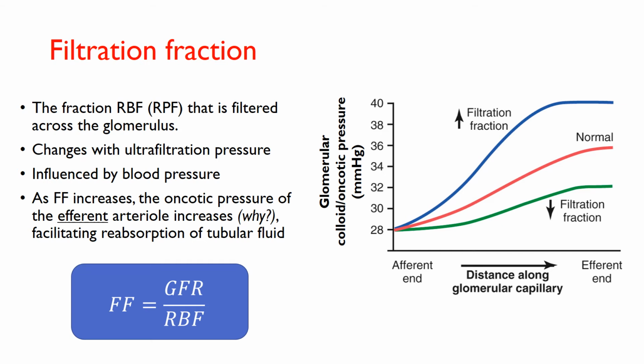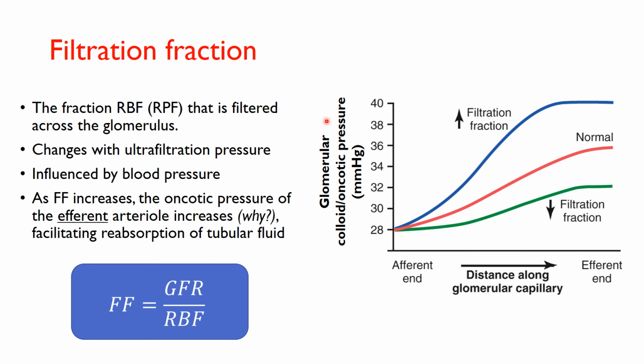All right, so there's your glomerular capillary. The afferent end is over here, and the efferent end is on this side. So that's what this graph is indicating, the afferent end of the glomerular capillary and the efferent end of the glomerular capillary. Okay, so x-axis down here and the distance along it.